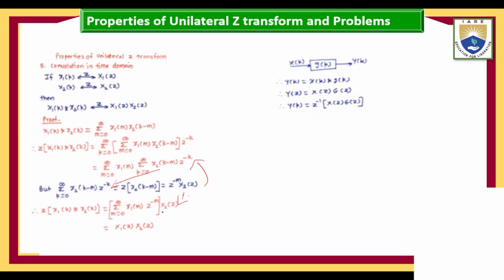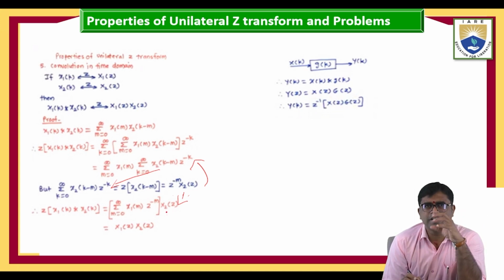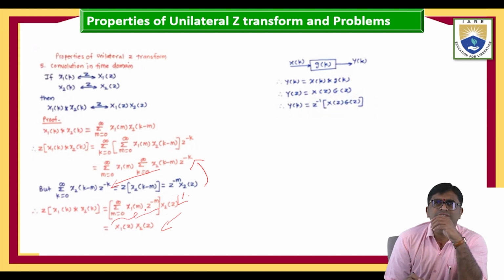Here x2 of z is a constant, since x2 of z is not a function of m. After that, the total part is nothing but x1 of z.